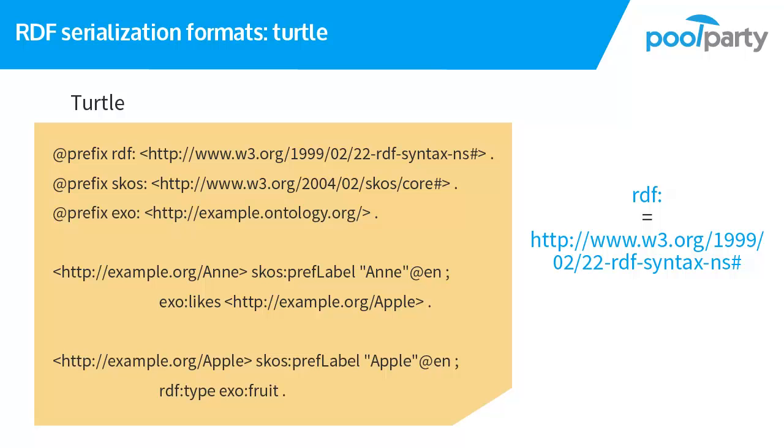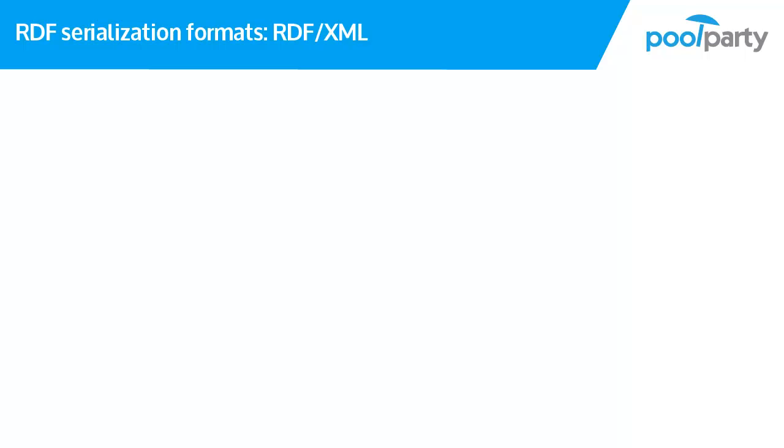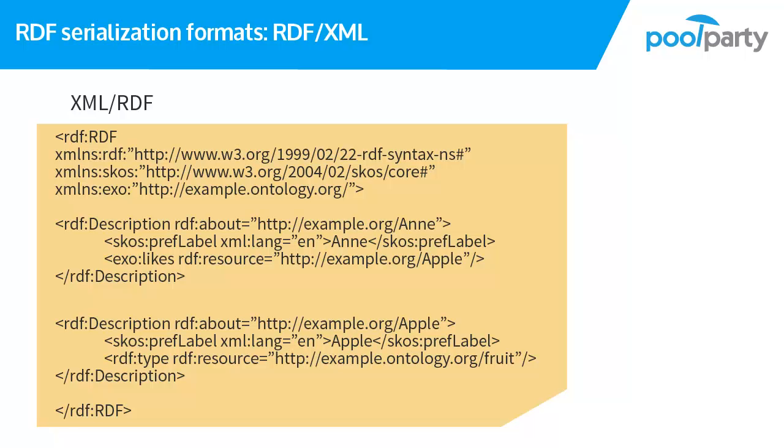In the file, you can then use RDF: and add only the very last part of the URI, e.g. type, so that RDF:type becomes equivalent to the full URI of http://www.w3.org/1999/02/22-rdf-syntax-ns#type.